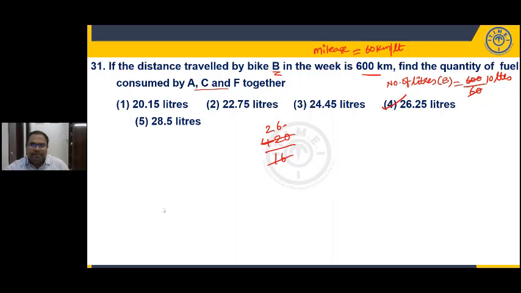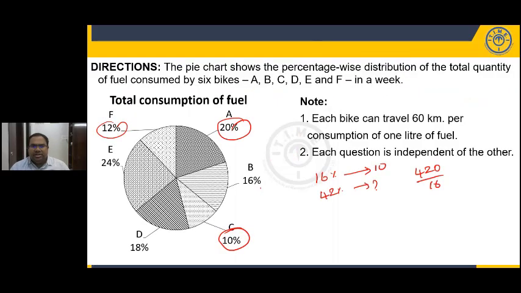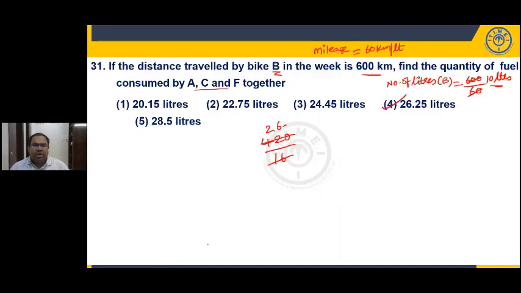So we traveled 600 kilometers. Mileage is 60 kilometers per liter, so 600 kilometers means it has consumed 10 liters. B consumption 16%, 10 liters. ACF is 42%. How much? 420 by 16, 26.25 liters. Okay, try this.